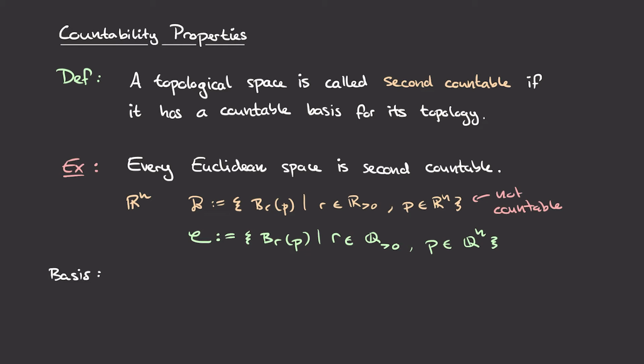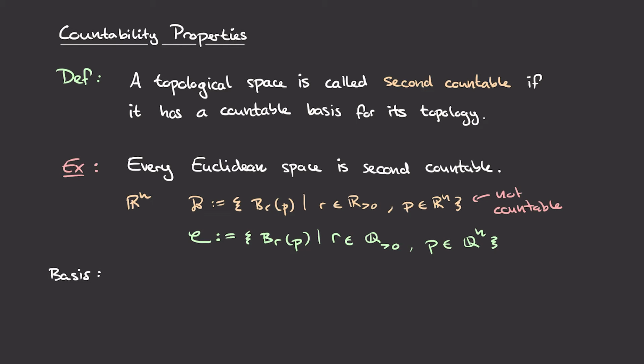Now, because we've simply restricted our collection B, every element in C is still going to be an open set of Euclidean space. So these open balls with rational radii at rational coordinates are still just open sets in Euclidean space. So the first condition really follows easily from the fact that we've just restricted our larger basis curly B.